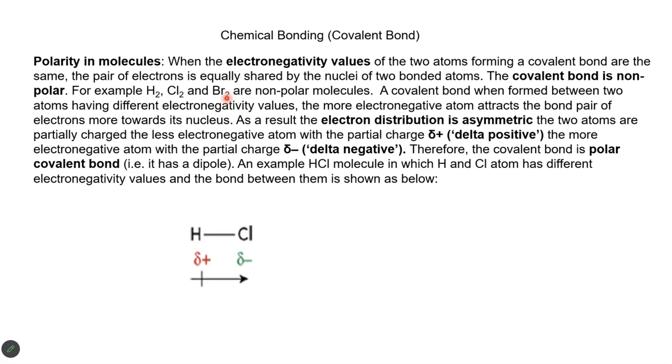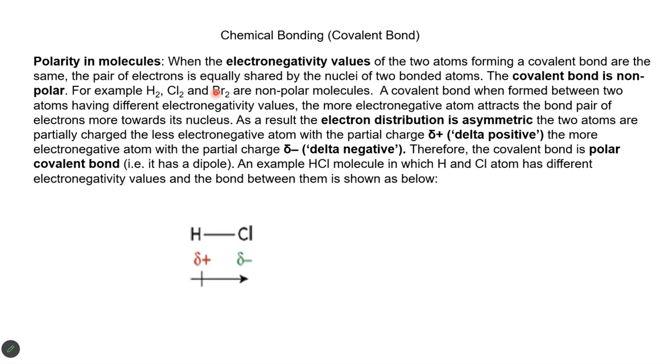We have to notice that when two hydrogen atoms are forming a bond, their electronegativity values are the same. Therefore, covalent bonding in hydrogen molecule, chlorine molecule, and bromine molecules are called non-polar covalent bonds.